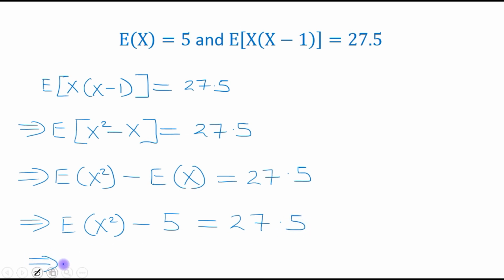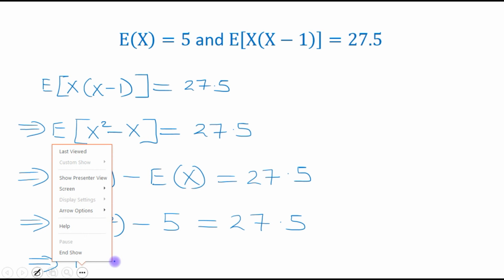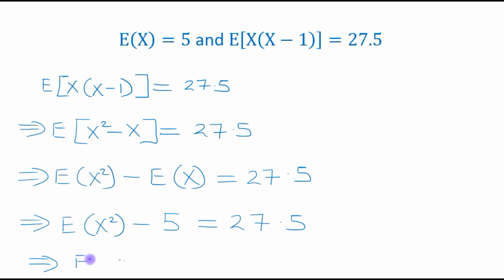And last step, E(x square) equals 27.5 plus 5, which is 32.5. Okay. Now we need to calculate variance of x.